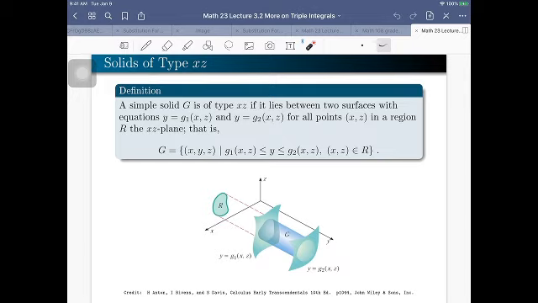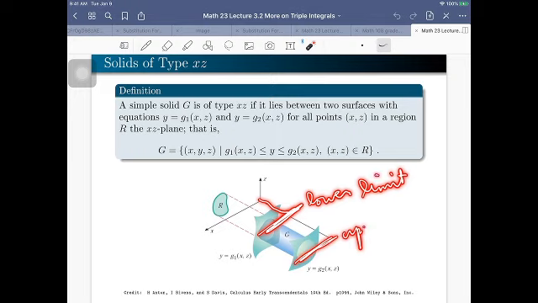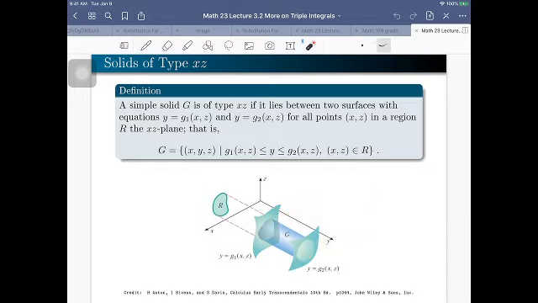Therefore, the lower limit of integration should be the smaller number, and the upper limit would be the bigger number, which is here. Okay? Because the terminologies floor and ceiling are quite ambiguous here, the lower limit will be the smaller number, and the bigger number would be the upper limit.